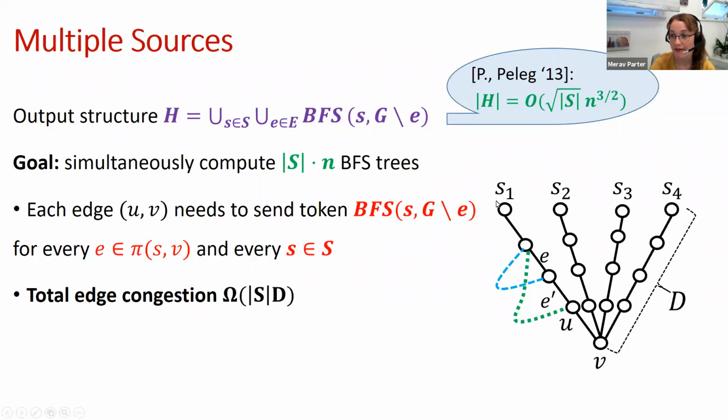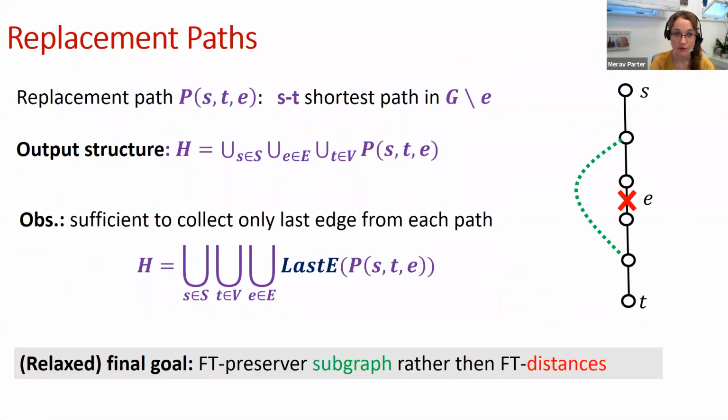That is, for every edge E that appears on the shortest path from Si to V, it is required for V to learn the new distance because all these edges on these shortest paths are actually important. And we have SD many edges, and it looks like it is crucial for V to participate in SD many BFS trees, okay? But we are going to claim that actually it is not necessary and we can do better.